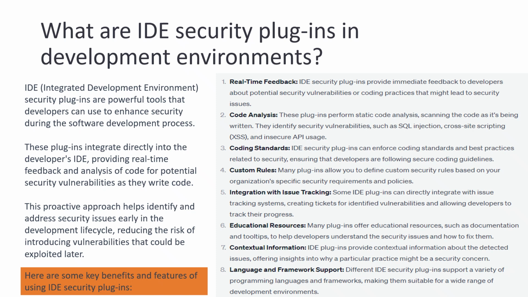Some key benefits and features of using IDE security plugins include real-time feedback, code analysis, coding standards, custom rules, integration with issue tracking, educational resources, contextual information, and language and framework support, among others.